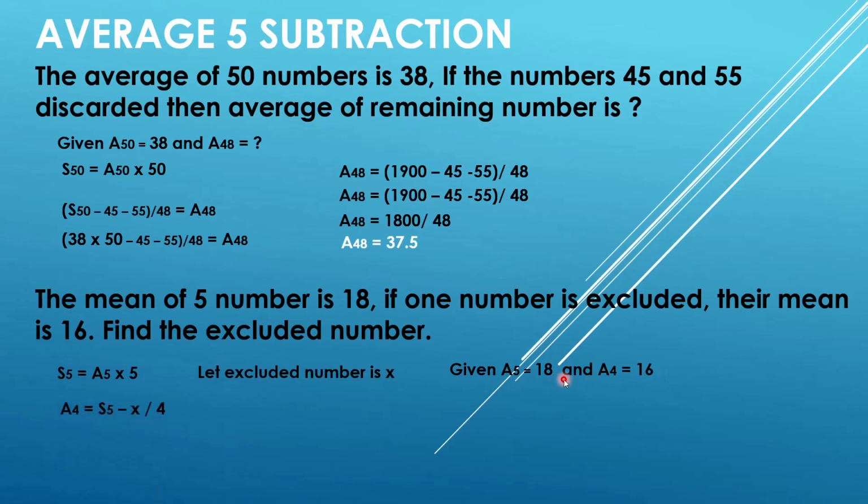So A4 is equal to the sum of 5 minus X, which is also the sum of 4. That is the sum of all minus X, 5 minus 1, which will be 4. Like this way we have taken the sum and then removed that number. So that will be the sum of 4 numbers only.